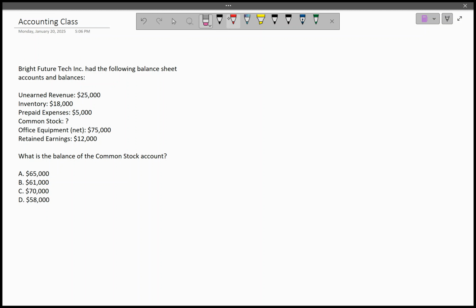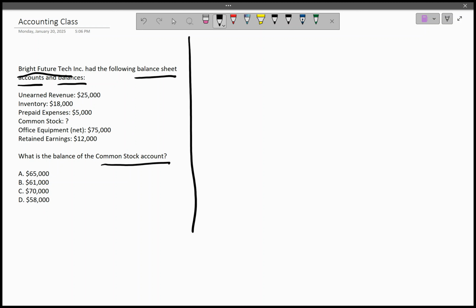We have a company named Bright Future, for which we have the balance sheet account balances, and from those values we are asked to determine the balance of the common stock account.